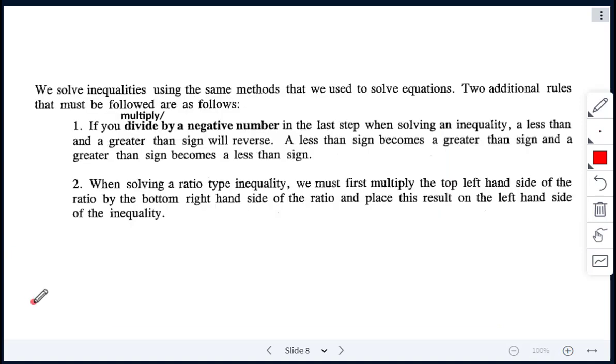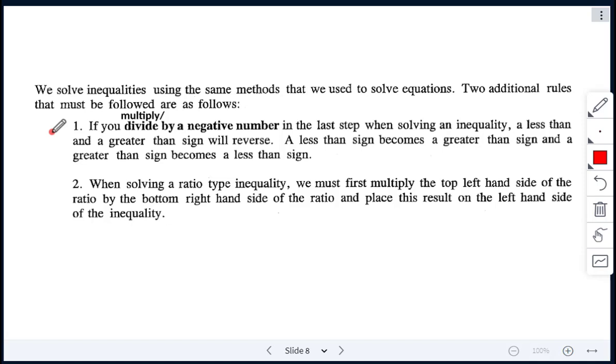So next we're going to look at solving inequalities. When we solve inequalities, you're going to use the same methods that we use to solve equations. There's just 2 additional rules that we have to follow. The first rule is if you multiply or divide by a negative number in the last step when solving an inequality, the less than and greater than signs will reverse.